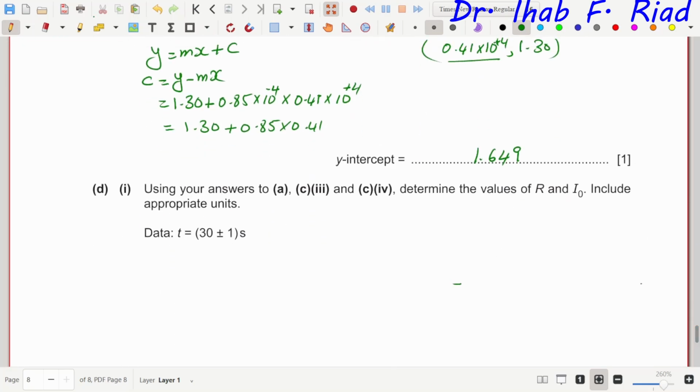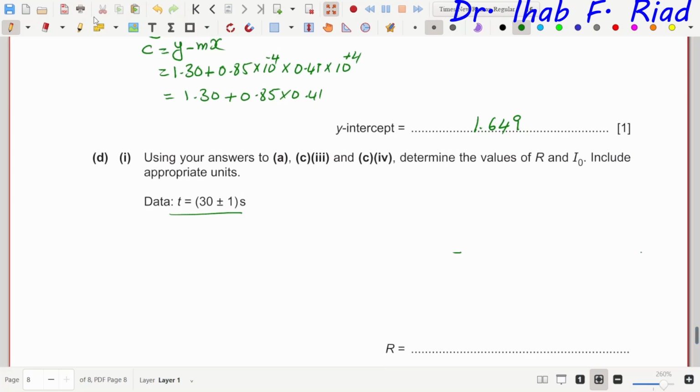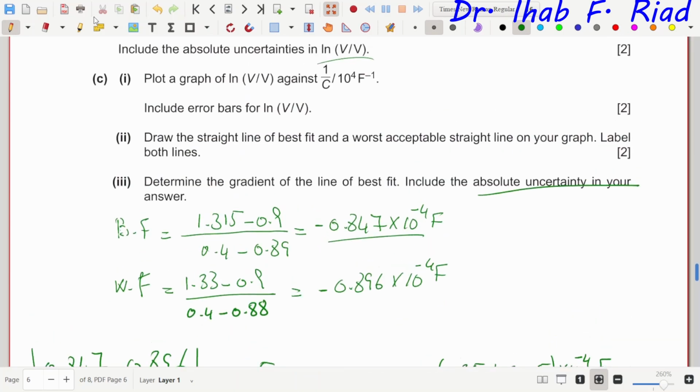Using your answers to A, C, and so on, determine the value of R and I, and include appropriate units. We are given T is equal to 30 seconds. So let us see how T, R and I are related.